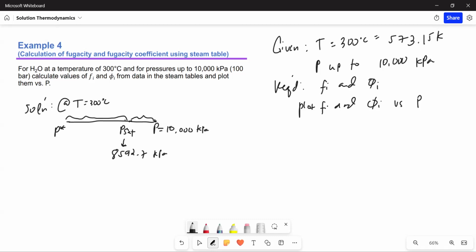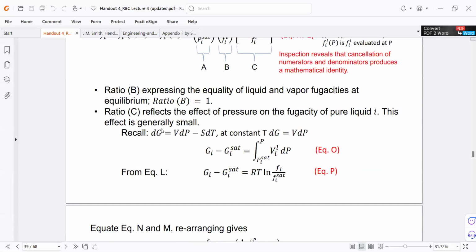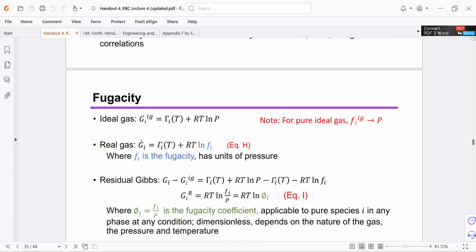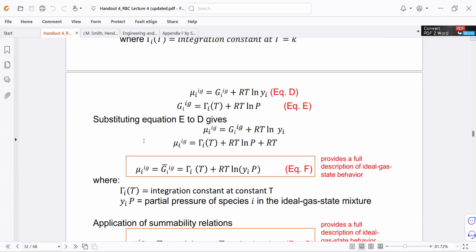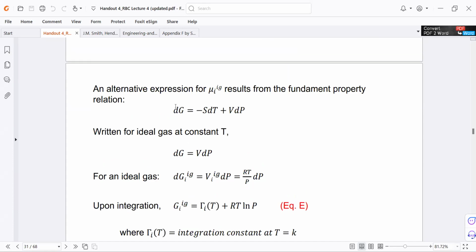So let's go back to the lecture slides. I'm showing now the lecture slides. Let's go back to the part where we derive the equation for fugacity. First, we begin with the fundamental property relation, if you will remember this one. And then if we assume constant temperature, it will simplify to this one.